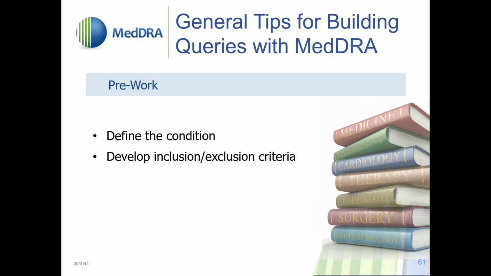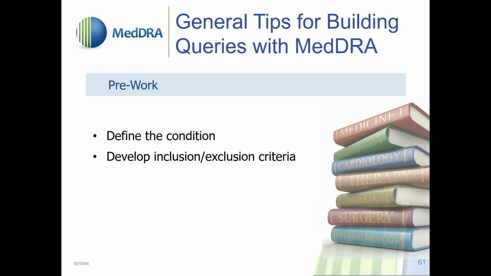It helps you in defining the query, but it also helps you then later on when you're looking at the cases, because some cases you might retrieve are not really the topic you're interested in. So getting this pre-knowledge is very important.